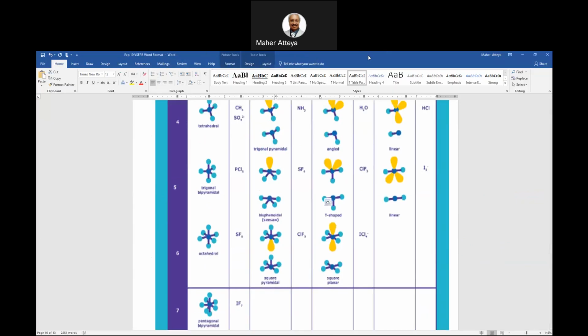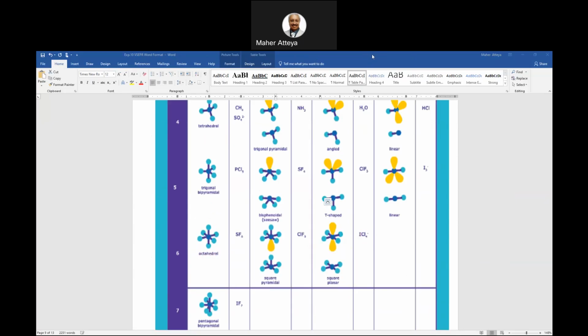We have in the middle 4 atoms all around. The 4 one, not tetrahedral, will be square planar, and the other one will be octahedral. The electron geometry will be octahedral because you have to include all of those.